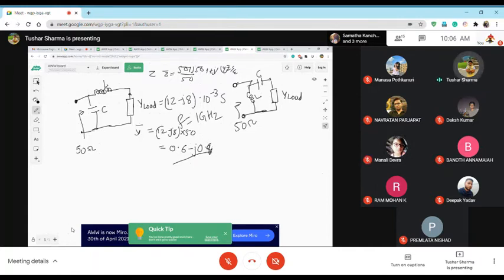Good. Who was this? Manali. Sir, I am also plotting on the Smith chart. Okay. Good. Actually, मेरे से यहाँ गलती हुई. This was actually 18, not 8. That's why that impedance is coming different.